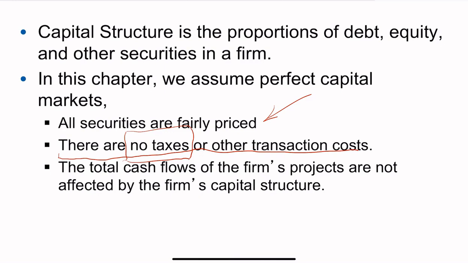However, its choice of equity versus debt will not affect the cash flows from its project. So it's kind of like an independence assumption. It basically assumes the performance of your project is independent of your financing, right? Okay.